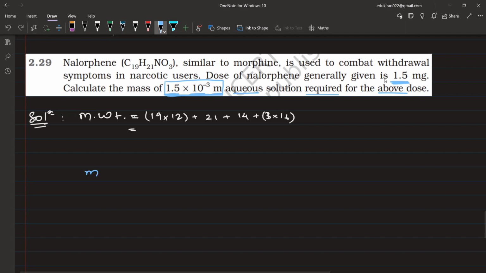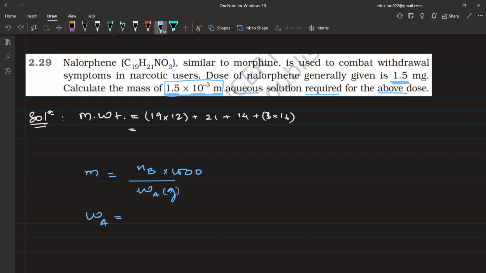Basically, they have given you the molality, which is equal to the number of moles of solute divided by the mass of solvent in kg. Now, since everything is in grams, we take it in grams, multiplying WA into 1000 here.